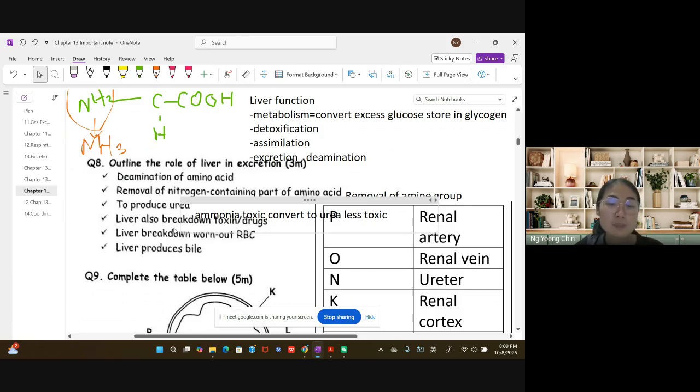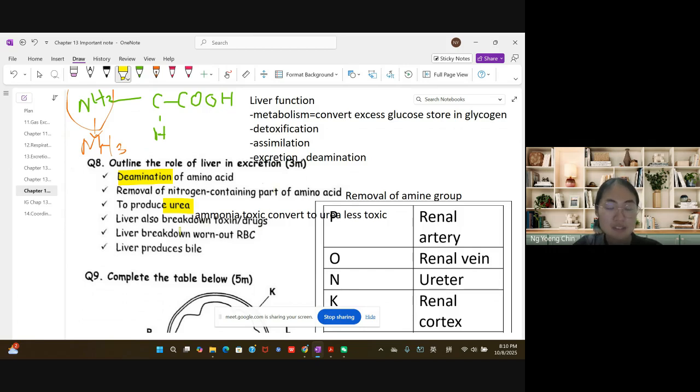That's why the liver can help to break down toxins and drugs when it receives blood from outside. So they help in deamination to produce urea from ammonia, which comes from the removal of the nitrogen-containing group from the amino acid.